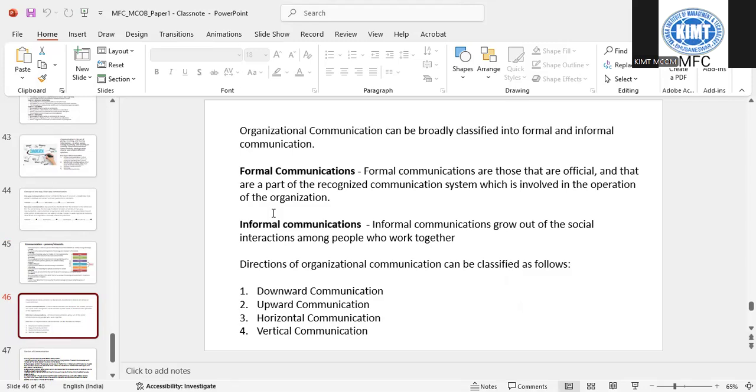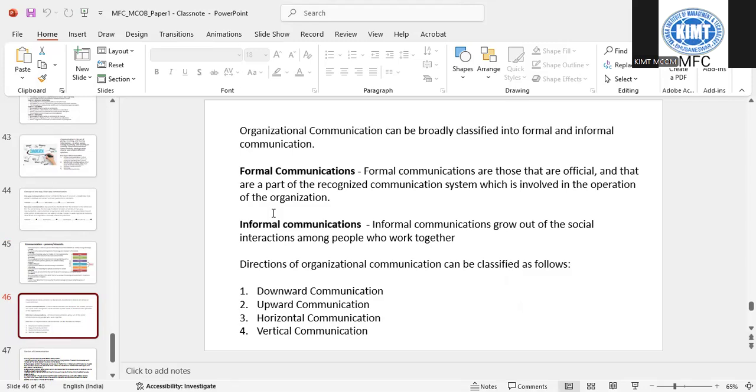Suppose you are talking about something not related to your formal work. Because your organization is formalized, WhatsApp is one formal communication. Informal communication is that which is not recognized, or you do a lot of communication offline through different social media, talking to people. Suppose you are taking a break and going and having tea, having a cigarette with so many people, and you are talking about a lot of things.